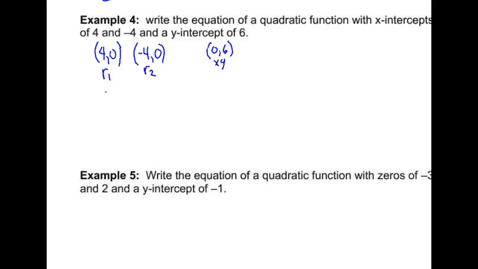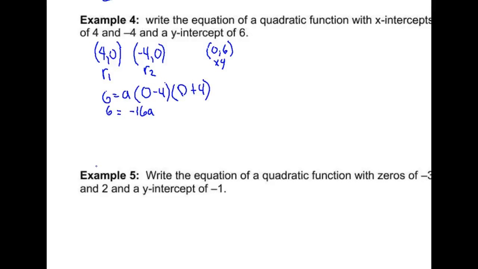In order to figure out a, we're going to plug in our y is equal to 6, a, and remember we're at 0, so we have 0 minus 4 times 0 minus -4, which is 0 plus 4. All right, now it's a pretty simple process. -4 times +4 gives us -16a, and -16a is equal to 6.